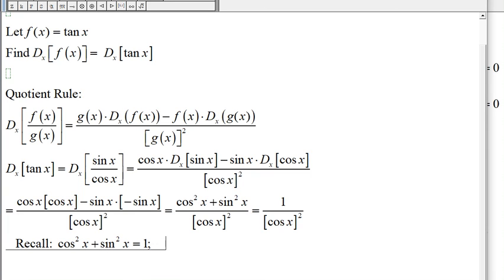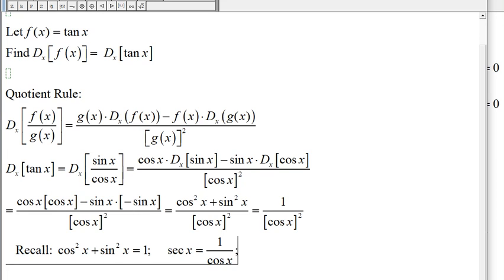And then also recall that secant of x is 1 over cosine of x. And so what it means is that secant squared of x is equal to 1 over cosine squared of x.